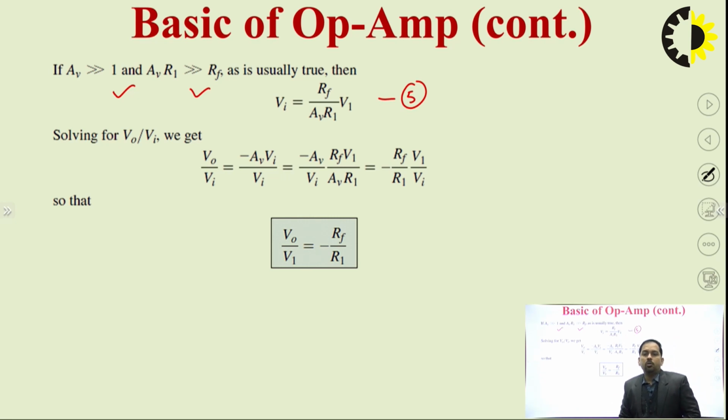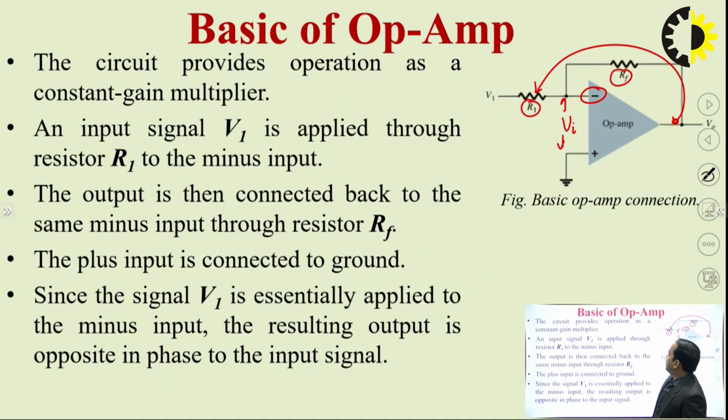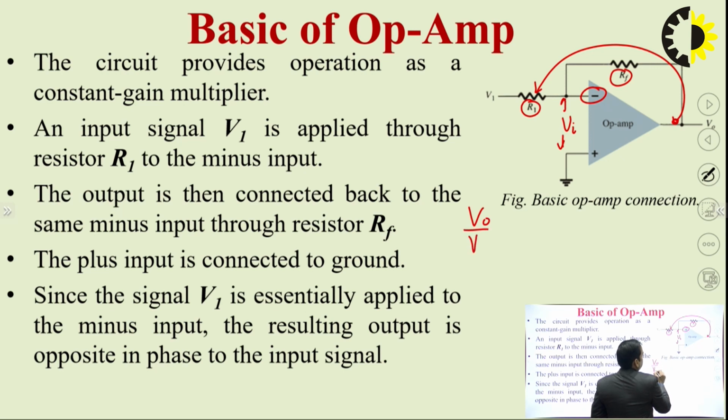So if we have an equation available in terms of V0 and Vi, clearly we can find out the voltage gain. The voltage gain for this circuit is V0 by V1, and this result we need to find out.